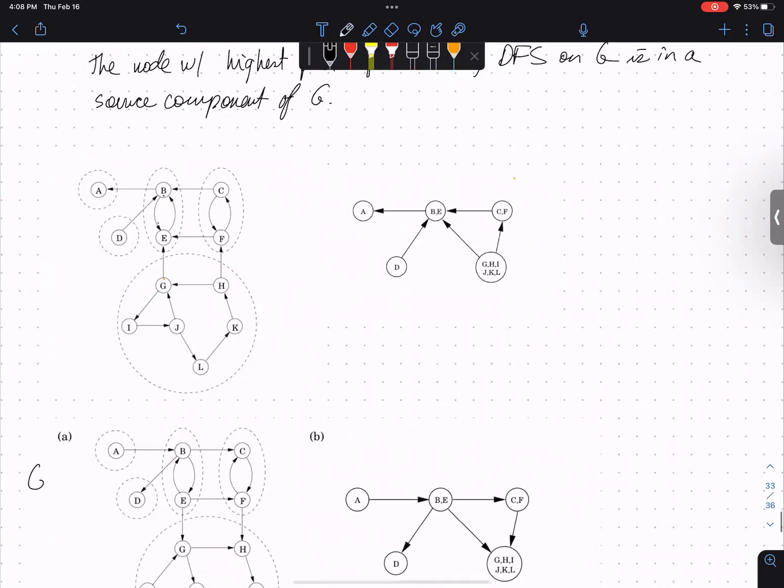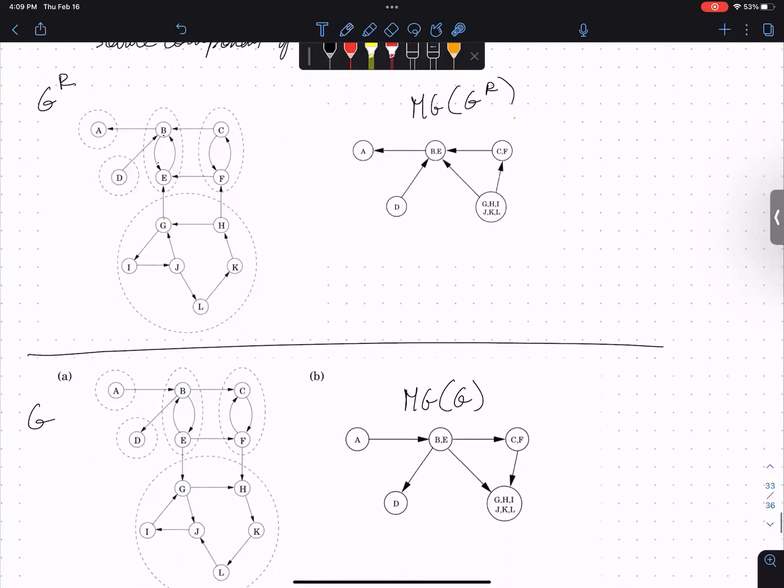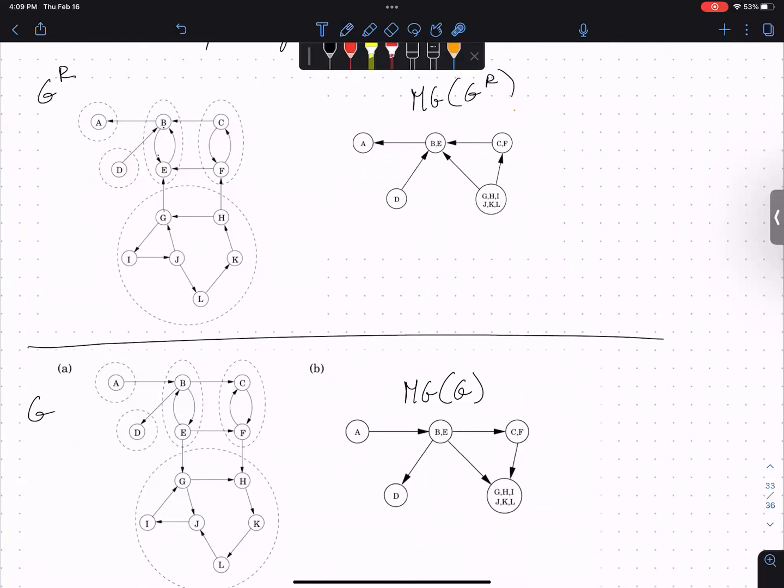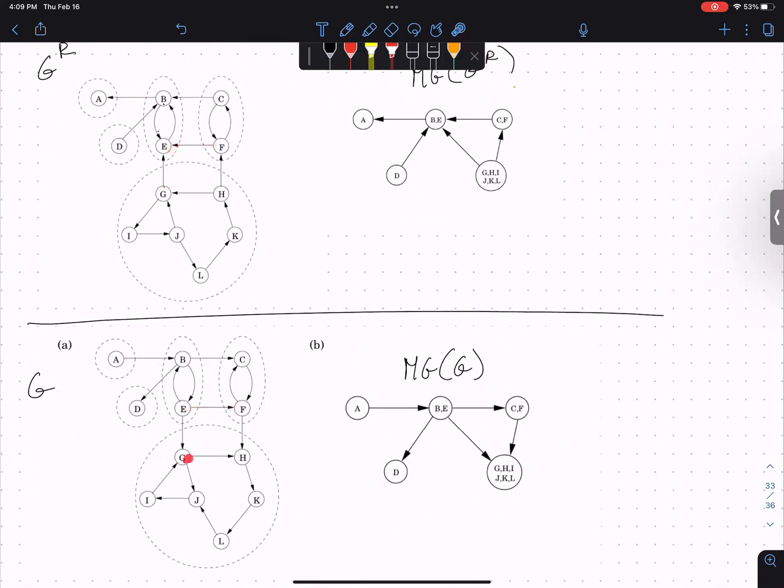This is G, this is metagraph of G, this is G reverse, and this is metagraph of G reverse. Right. So let's verify that these two graphs on the left are indeed reverses of each other. Right, so there's an edge from B to A here, it's flipped the other way. And the same for everything else. From F to E, there's an edge from E to F. This cycle here is going in the opposite way. So yeah, that's the flip.